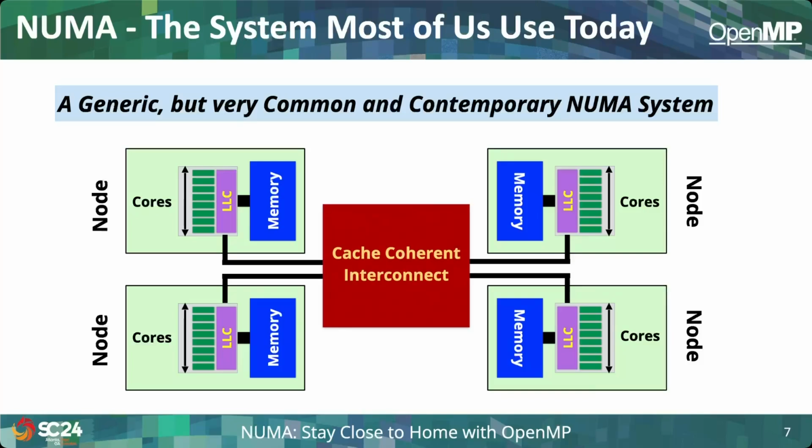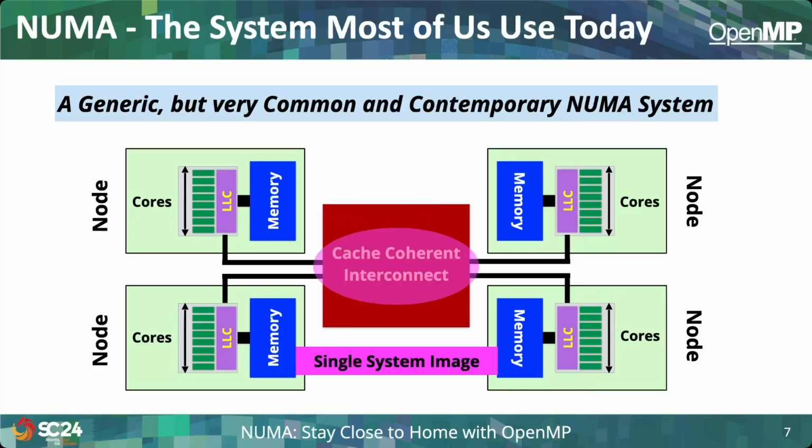That's in a way way more sophisticated. It's part of the system design, and what it allows us is to make the whole system a single system image. So while the hardware is distributed, we see there are 4 memory blocks in each of the nodes. The cores are physically separated, but you won't see that. Thanks to the cache coherence, it will behave like one system. You can access, for example, any memory location anywhere in the system, wherever you are.